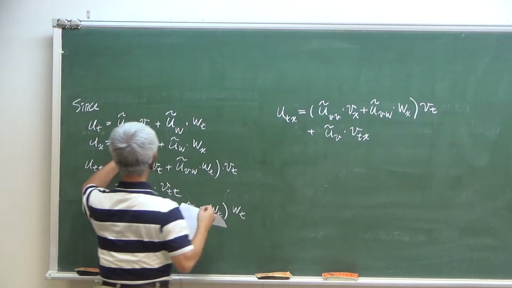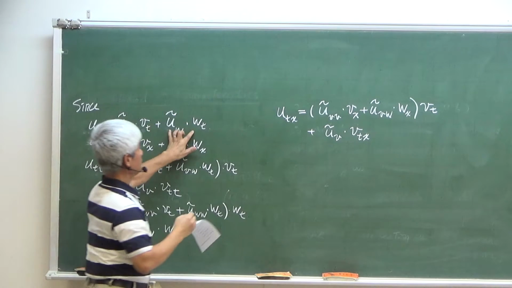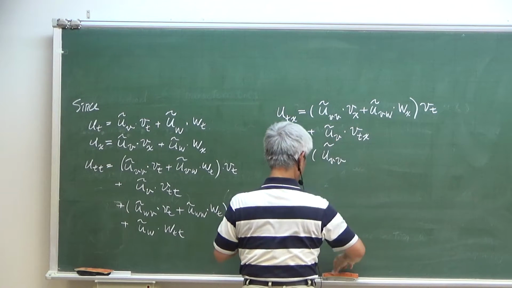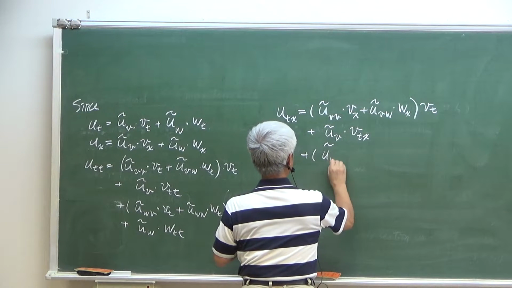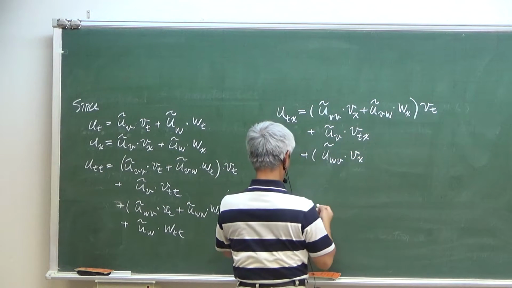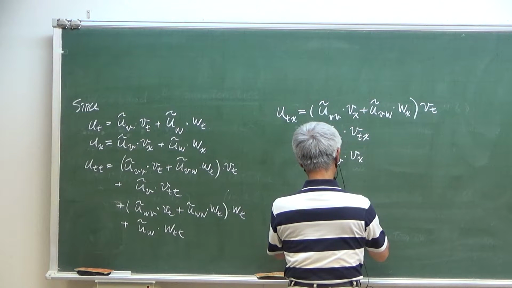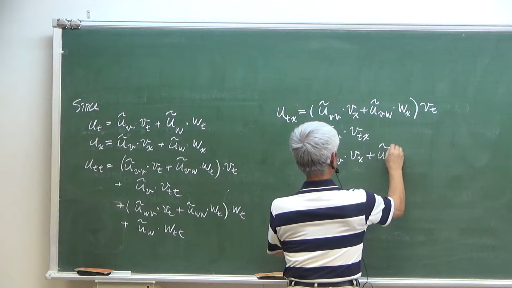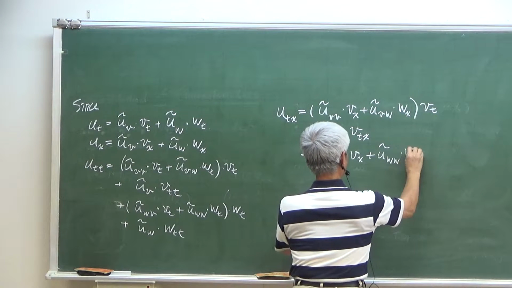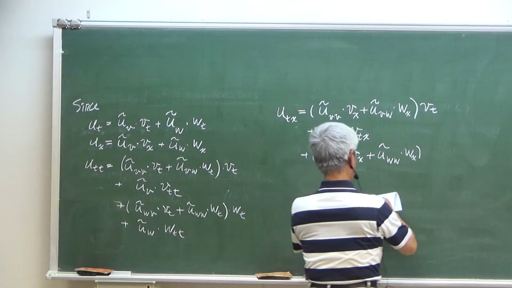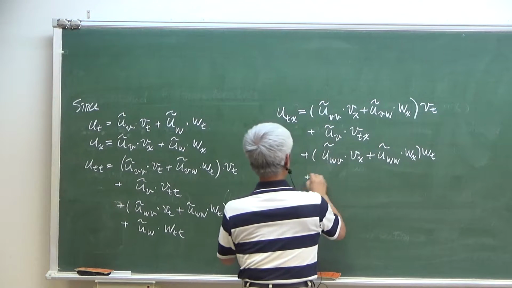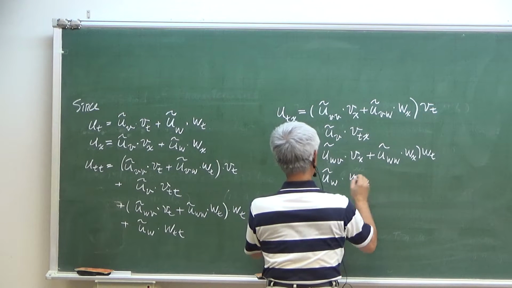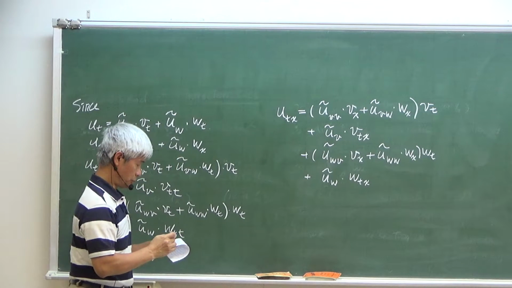Okay, so this one is finished. And then the next part, we have u_wv v_x plus u_ww w_x, times w_t, plus u_w w_tx. Okay, so this is the mixed part.